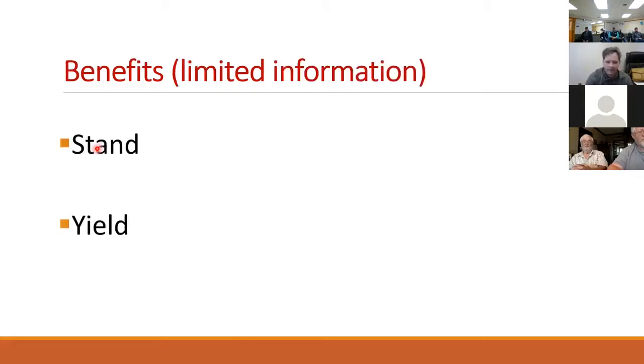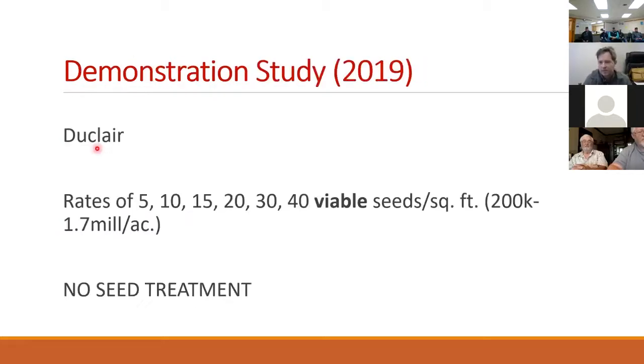Let's talk about the benefits and why you want to use seed treatments. We did a study in 2019, and the results I present here are similar to what you see with the agronomy studies, where they're looking at seeding rates. What we did is we used a seed drill, and we seeded at 5, 10, 15, up to 40 viable seeds per square foot.